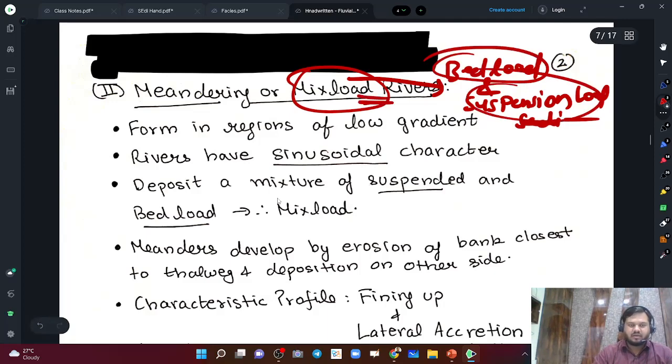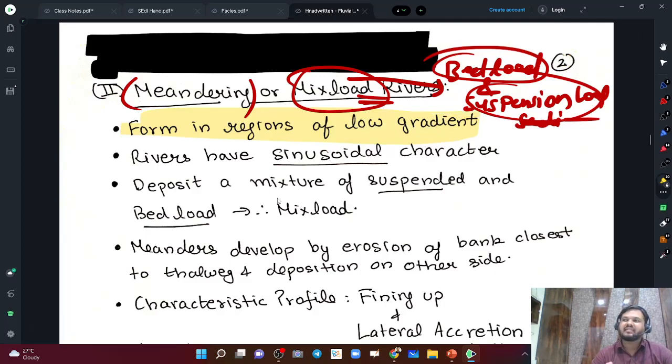That is a small point, but what is important is this meandering channel. Firstly, where are these meandering channels formed? These channels are formed in regions of low gradient. So we observe the Ganga. In the river Ganga, you get a lot of meanders in the later stages, right? When it has come near, after Kanpur and all, it becomes very meandering.